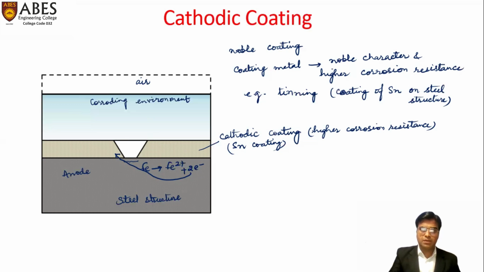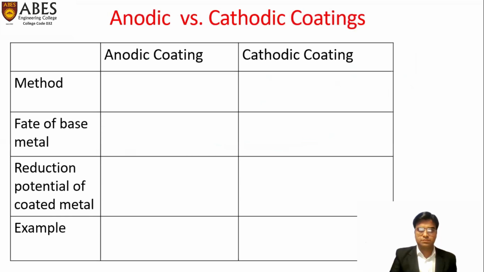Now let us compare the anodic coating with the cathodic coating. In the anodic coating, the base metal is protected by the sacrificial method. So it protects the base metal sacrificially.